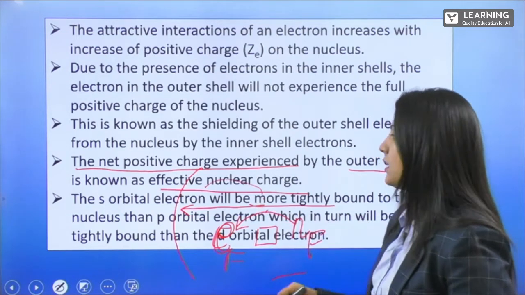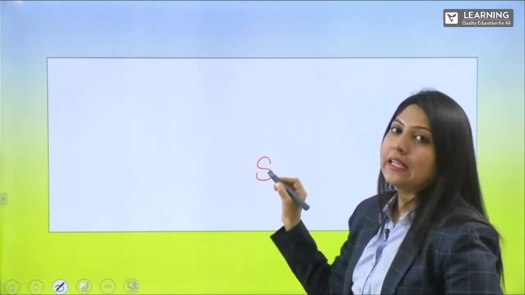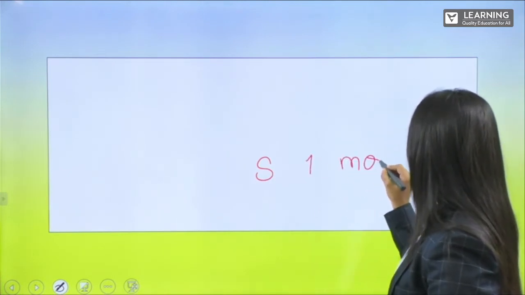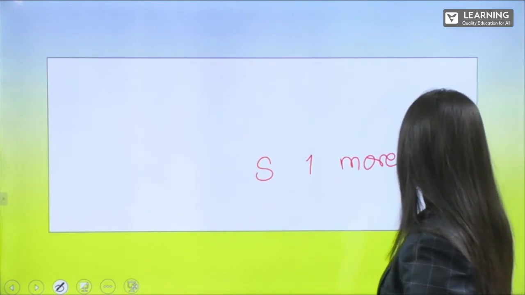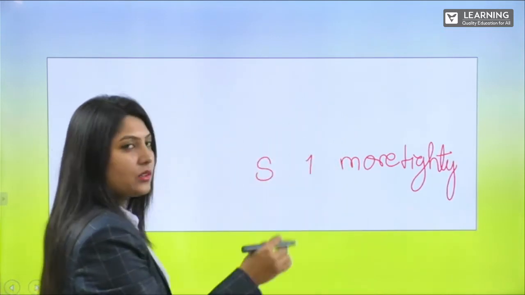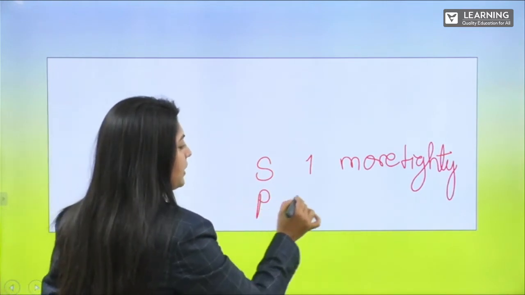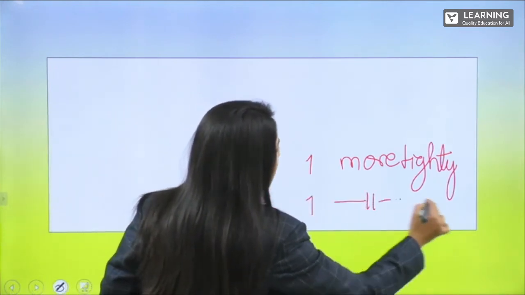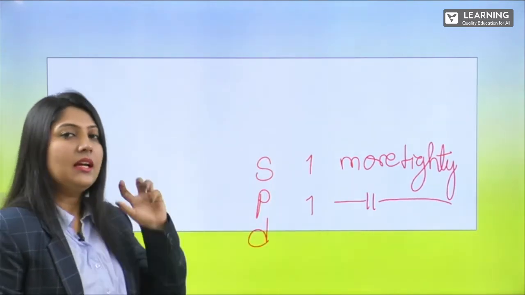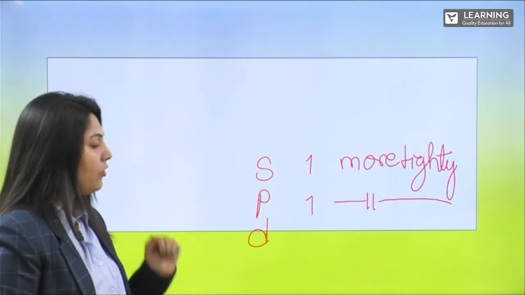Are you getting this point? In the s orbital, the electrons are more tightly bound than those of the p orbital, and the electrons in the p orbital are more tightly bound than those of the d orbital.